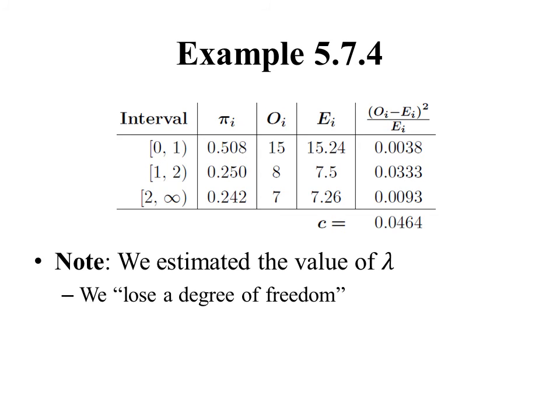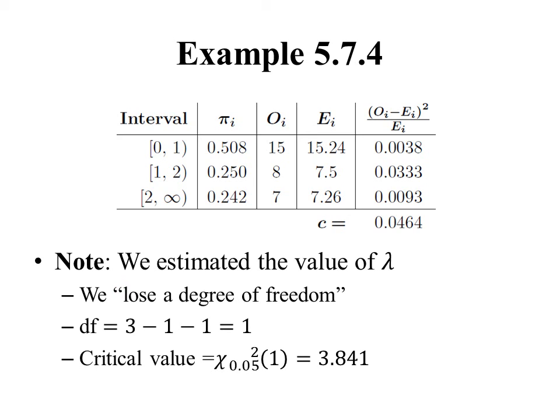Now next we need to find our critical value, but notice that to calculate the claimed distribution, we needed to estimate the value of lambda. And so whenever we estimate the value of a parameter from data, we quote-unquote lose a degree of freedom.